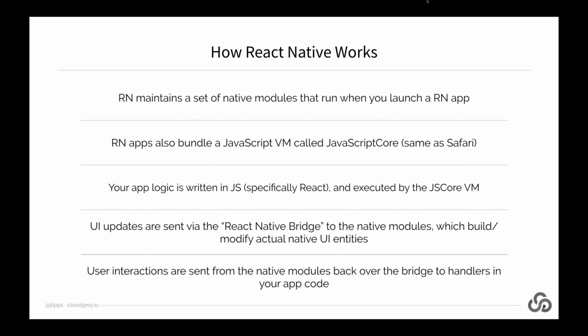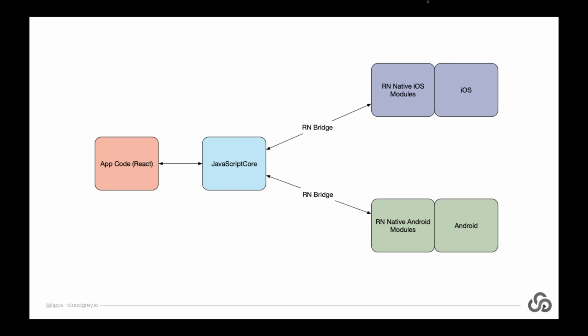And then there's just this bridge which communicates between the two to give you this best of both worlds scenario where you can write using web technologies and yet still be ultimately targeting native platforms and using native UI components and so on. So that's all a bunch of words. Might be easier to look at it in a schematic form.